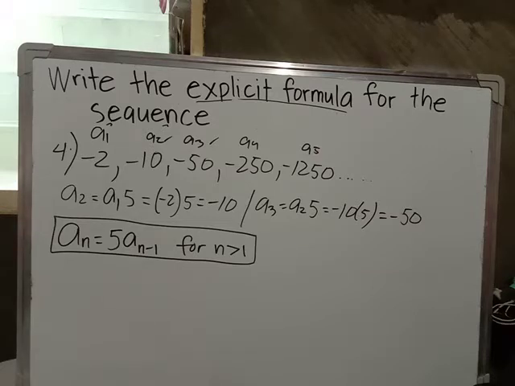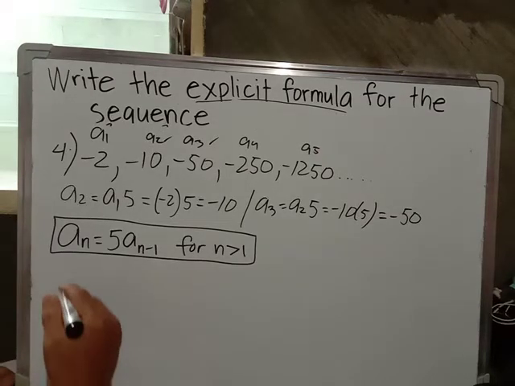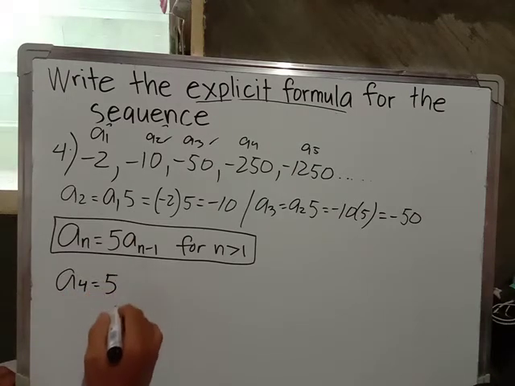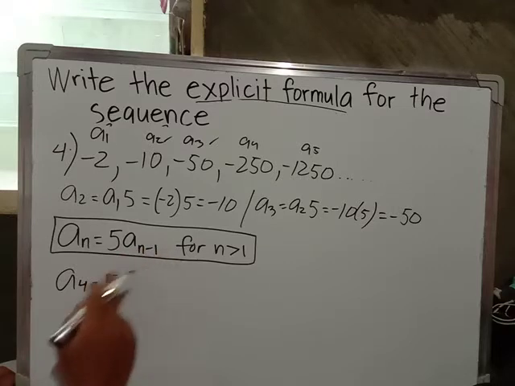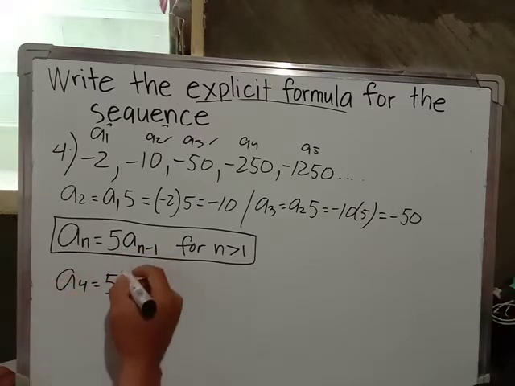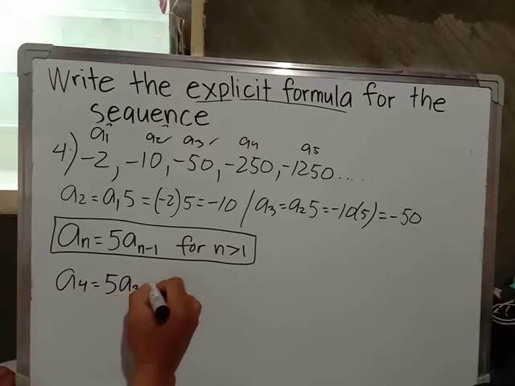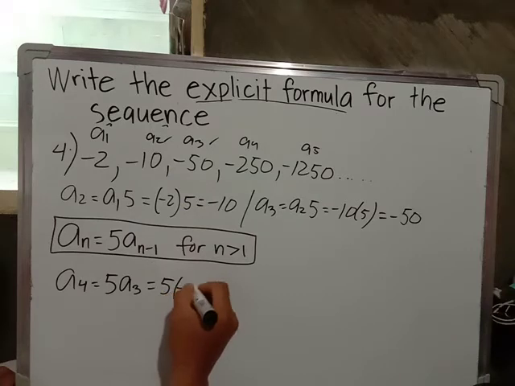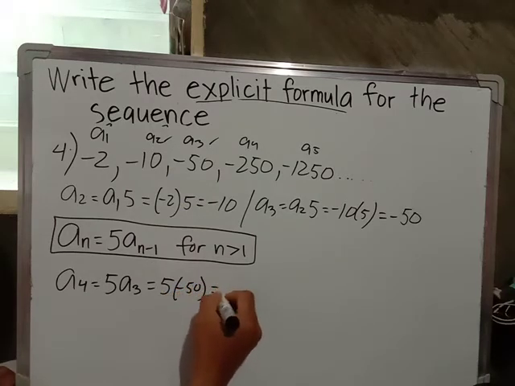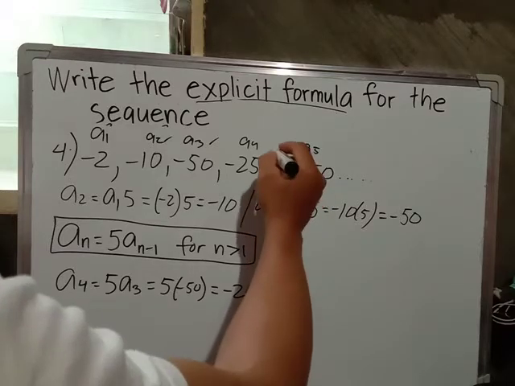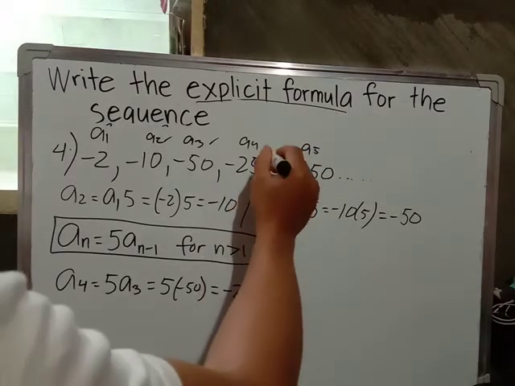So, for example na lang, si E4 and E5. So, E4 is equal to 5 times E n minus 1, since 4 ang n natin. So, 4 minus 1 is E3, is equal to 5 times E3 natin, which is negative 50. So, 5 times negative 50 is negative 250. So, tama po tayo.